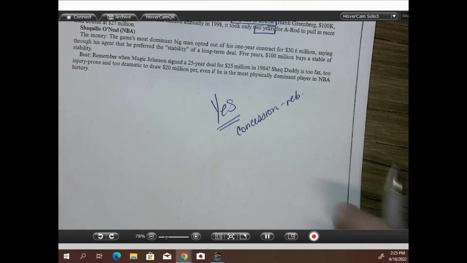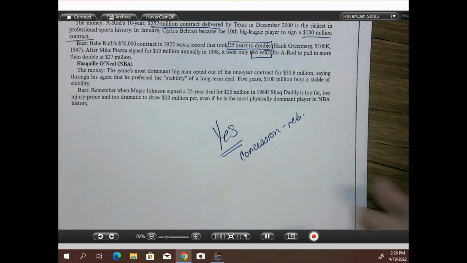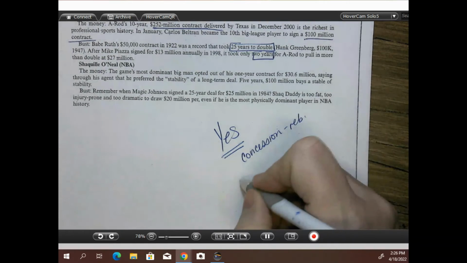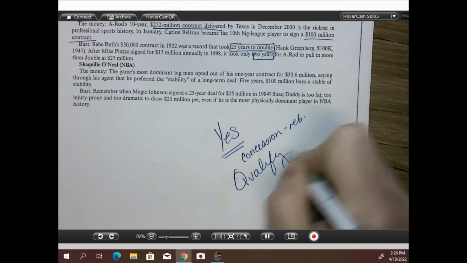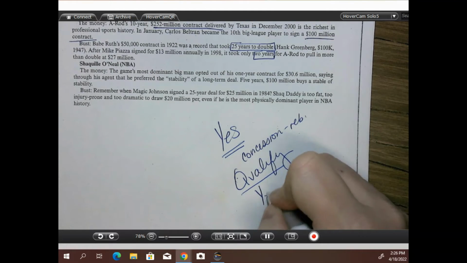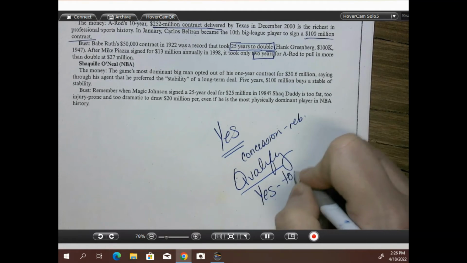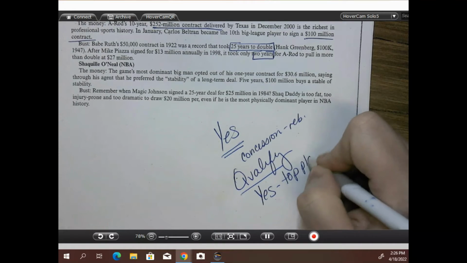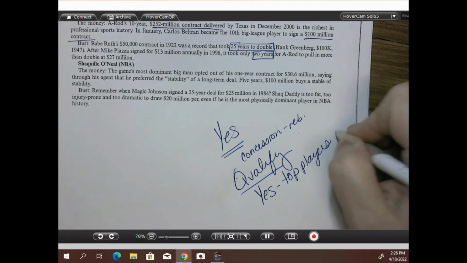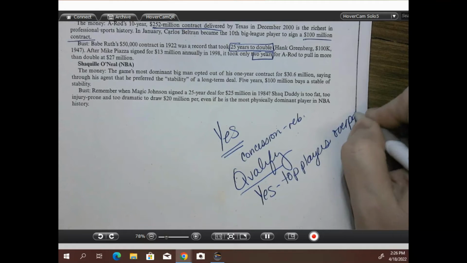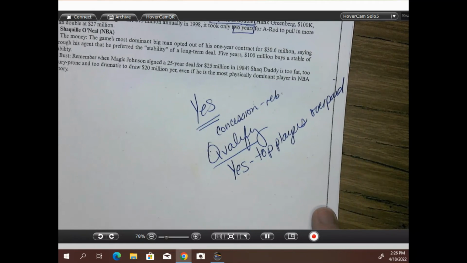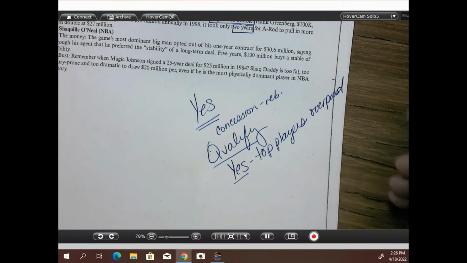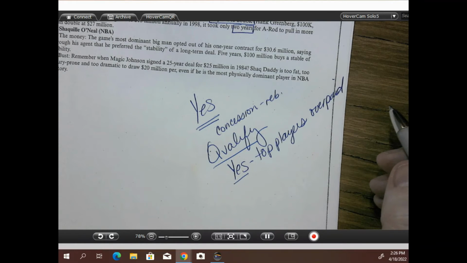However, I still have another option. I can qualify. I can still say, yes, top players are overpaid, because that's what both of these articles have talked about. However, who have they not talked about? Every other player.